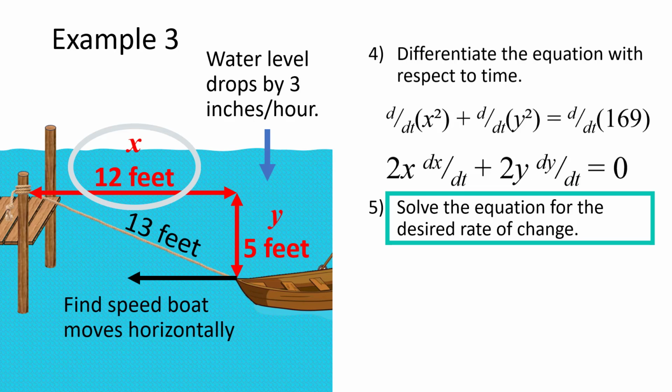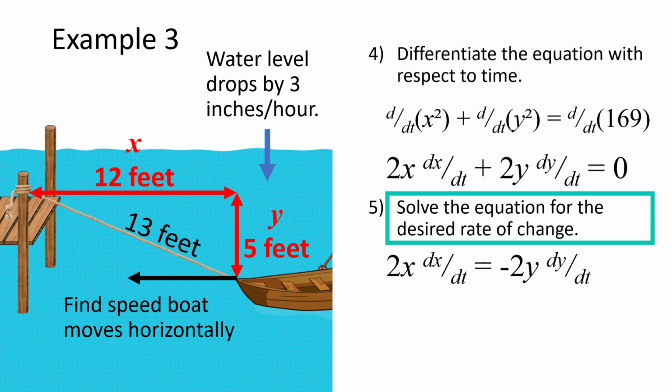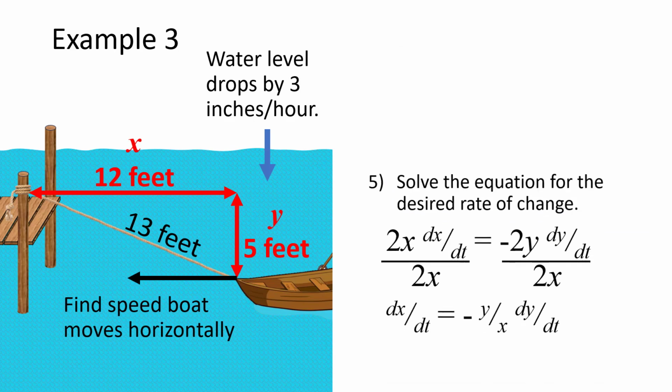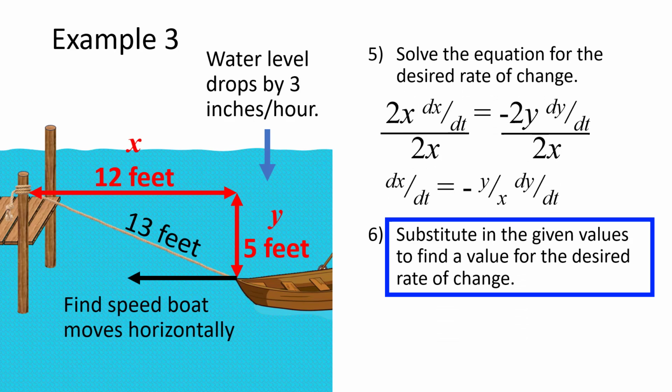The horizontal distance is x, so to find how fast that is changing, we want dx/dt. If we divide both sides of this equation by 2x, we can get dx/dt alone on one side of the equation. Now, we substitute the given values into this equation to get a value for dx/dt.